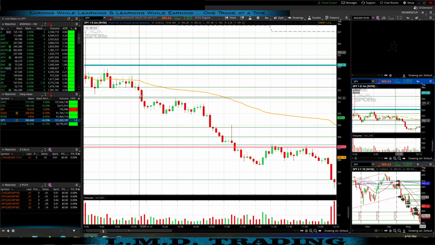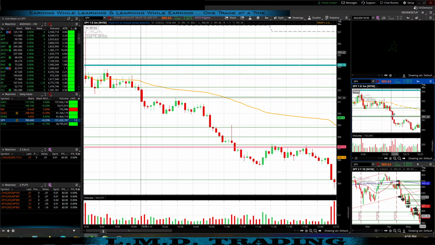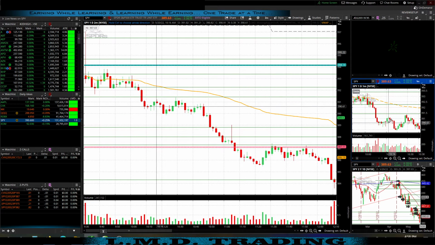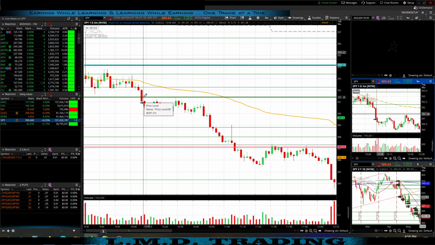And we got in our first trade at 10:08 and 47 seconds. The play was as it broke this area right here that we had marked on the chart. So we got in right there.